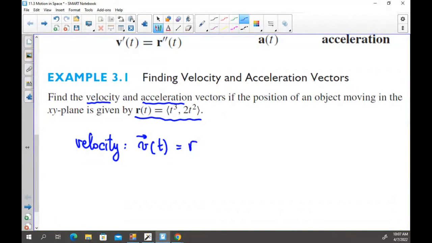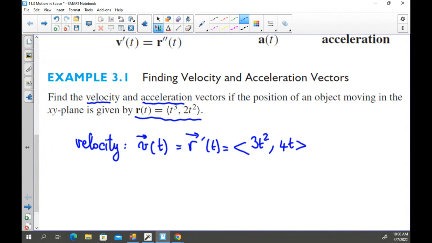It's the derivative, it's r dash. And last section, we knew how to do this. So what will be the velocity? 3t squared, the first component, and the second component is 4t. That's it. So that is the velocity.